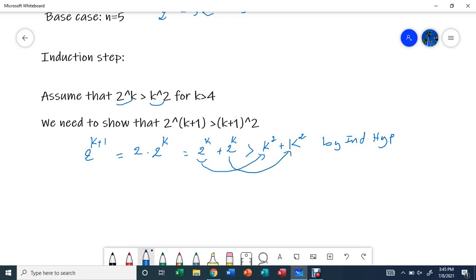So when you add them up, you still get an inequality that's greater than the second one. Now I'm just going to break down one of the k squares to k times k. So k squared plus k squared equals k squared plus k times k.